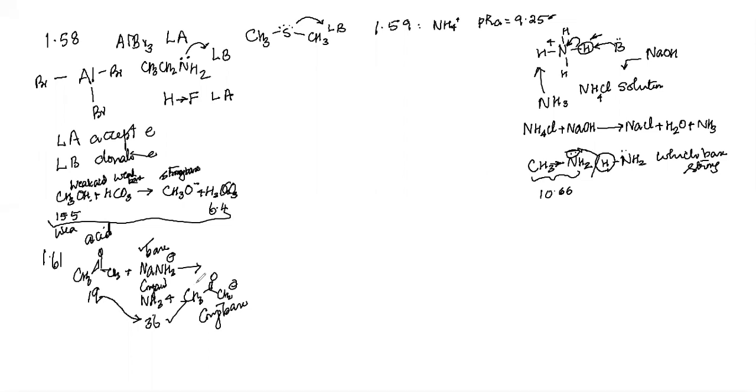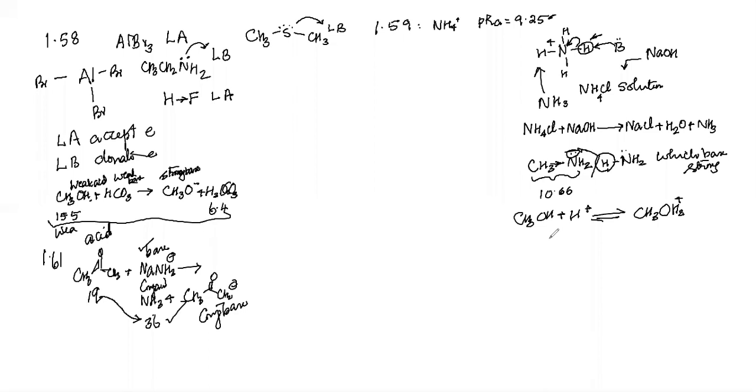Next one, identify the acids and bases in the following reactions. CH3OH plus H plus gives CH3OH2 plus. Remember, these are simple problems, but they will give you a clear concept of the basics.